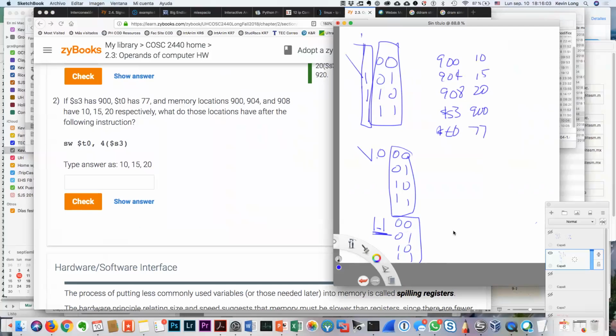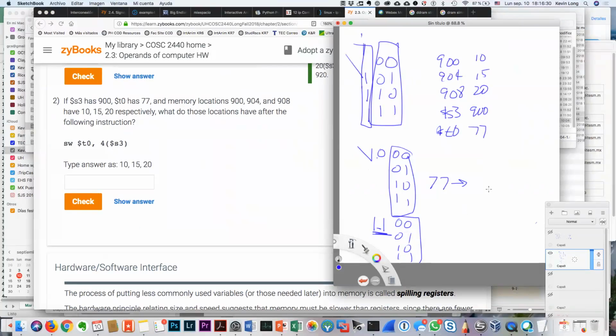What do these locations have after the following instruction? So we're going to store words. So the first thing is, are we storing T0 into here, or are we storing here into T0? T0 into here, do you all agree? Is that right? Okay, so what's in T0? 77? So 77 is going to go into what? 904, because S3 is 900, and we add 4 to it.